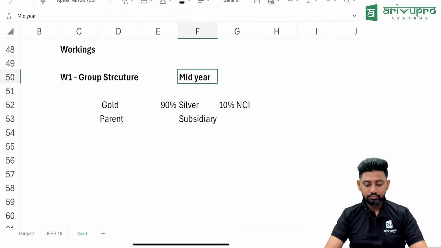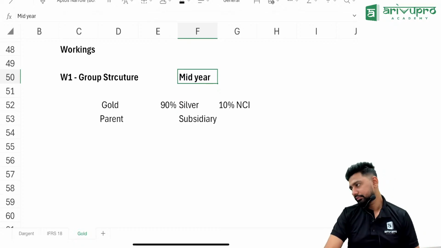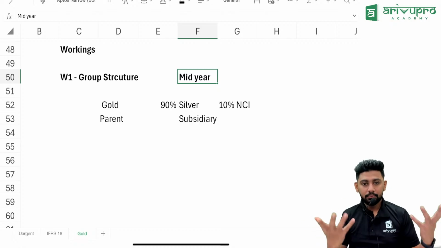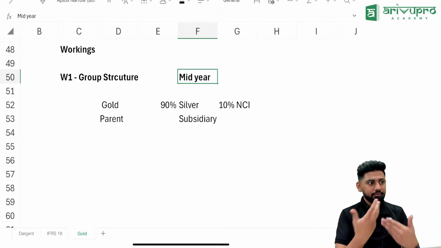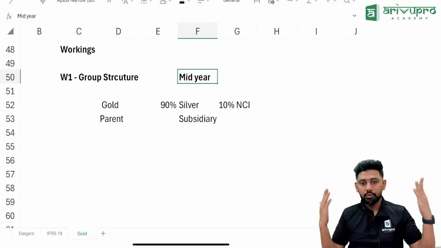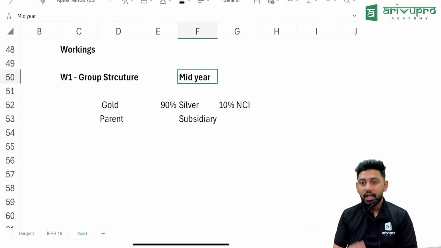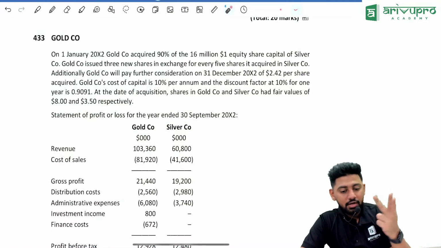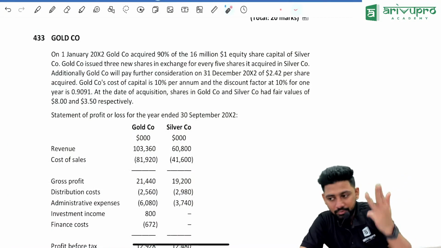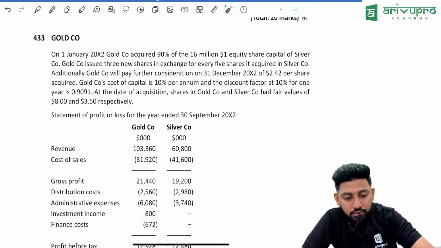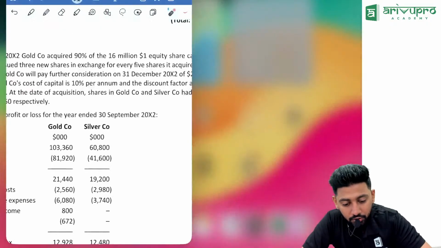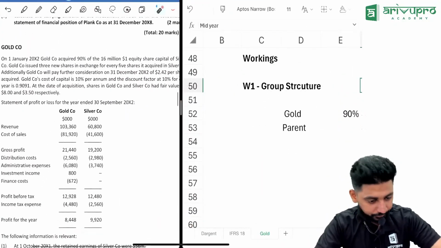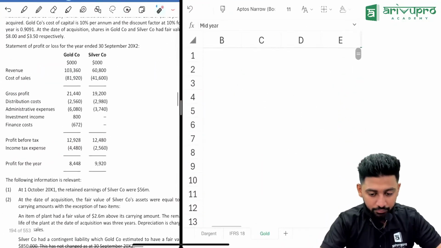I don't have reserves when it comes to P&L. Therefore, my next step would be directly to do the additions, but I have to time apportion for how many months? Jan, Feb, March, April, May, June, July, August, September. For 9 months, I'm going to do the time apportioning. So let's do it together. I'm going to go to the top.